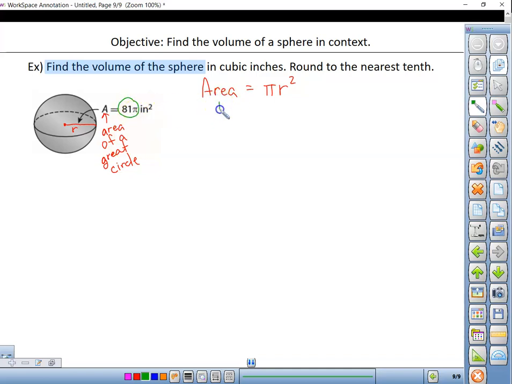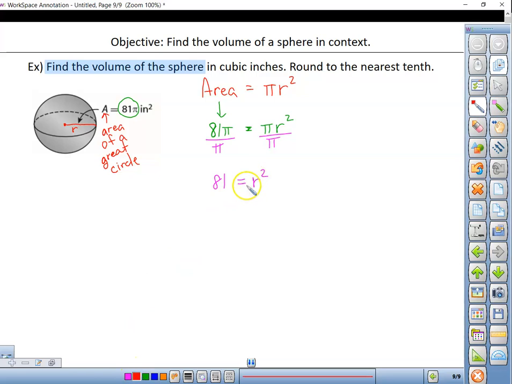So we know area is 81 pi square inches, so I can put that in my area spot. 81 pi must be equal to how it was calculated, which is pi times radius squared. And again, I can work backwards to solve. I would undo the multiplication first, dividing both sides by pi. Pi divided by itself is 1, so this gives us 81 equals r squared.